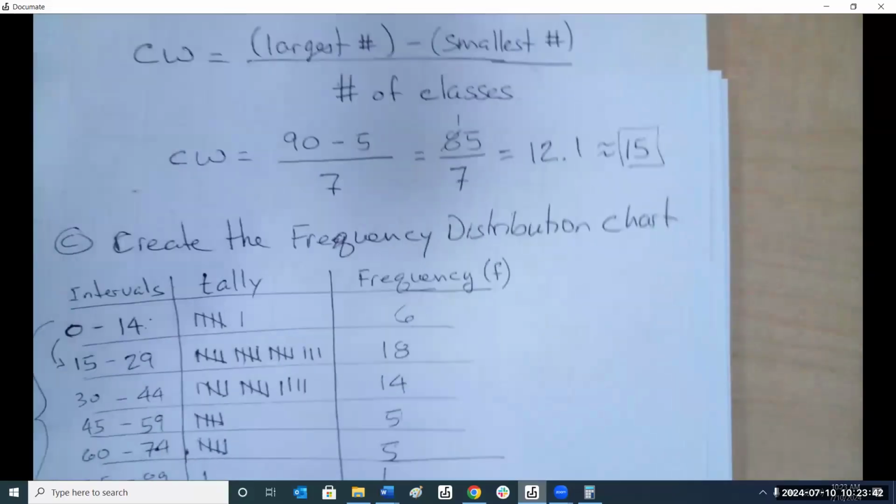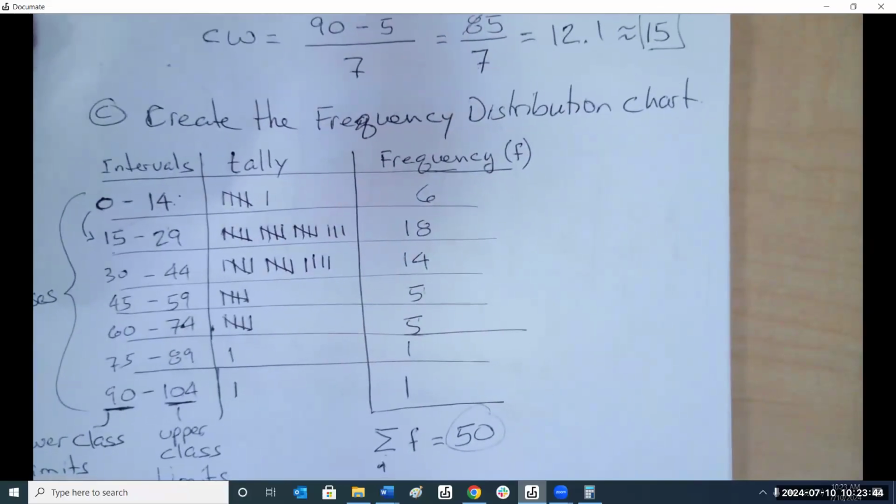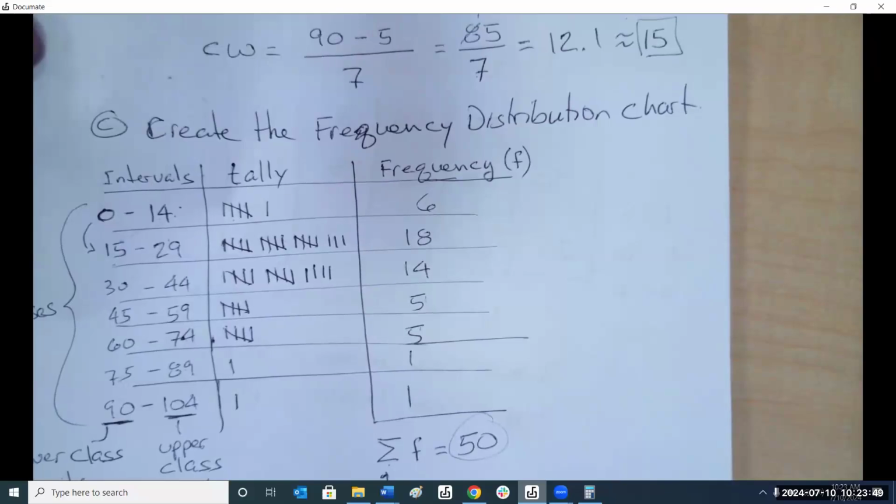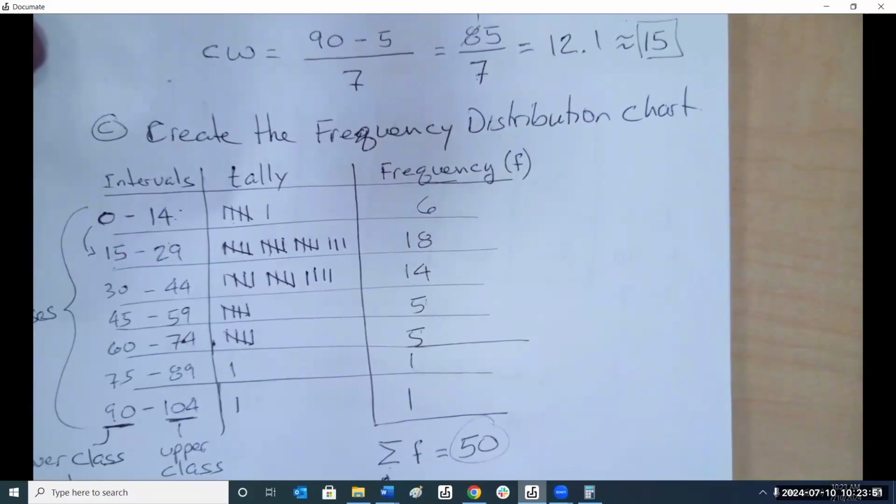So let's do a relative frequency for our original data set. For our frequency table here, let's create a relative frequency column in percents.